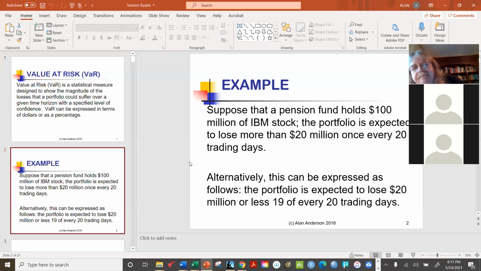But it's like a lot of developments like the Black-Scholes model. Initially, it wasn't that obvious how important this would turn out to be, because everybody uses it now. Just like Black-Scholes, there are a lot of flaws in the assumptions in value at risk, but yet it's useful enough that everybody on Wall Street continues to use it.